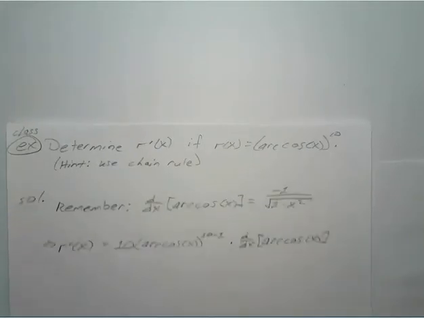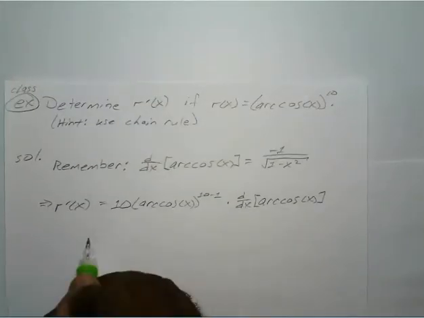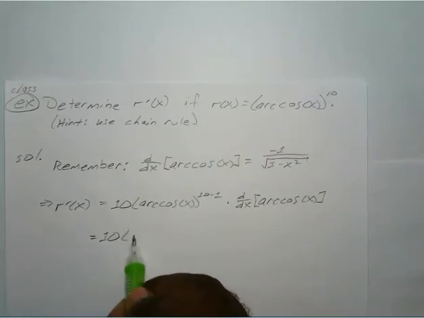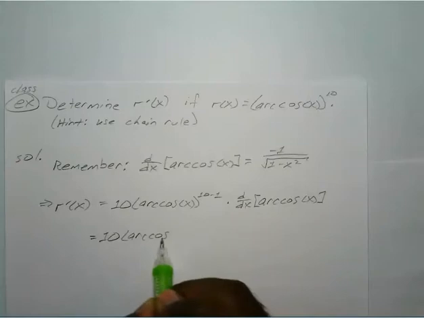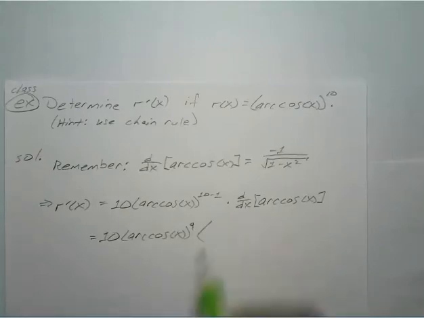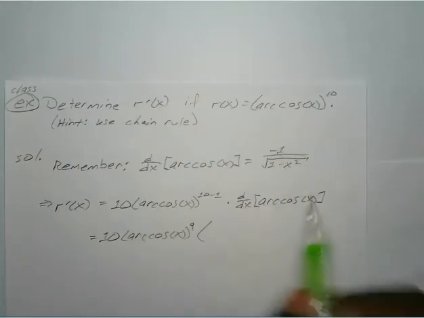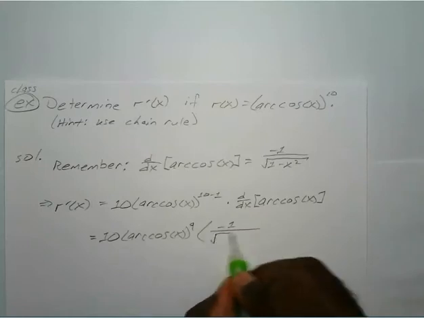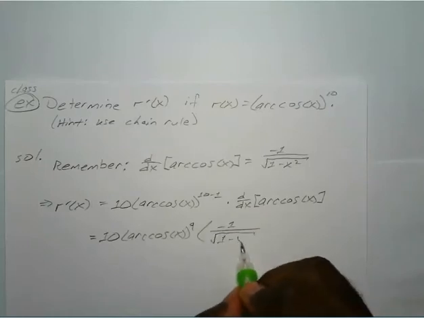So that means our derivative is equal to 10 times the arc cosine of x to the 9th power times the derivative of arc cosine of x, which is just -1 over the square root of 1 minus x squared.